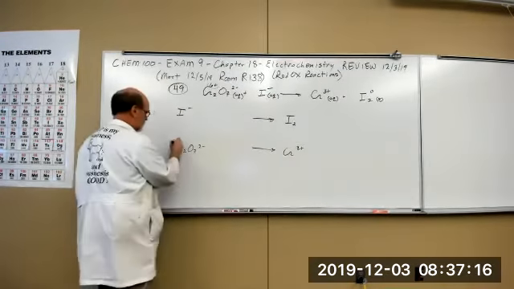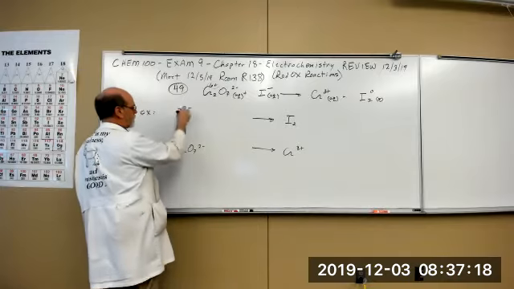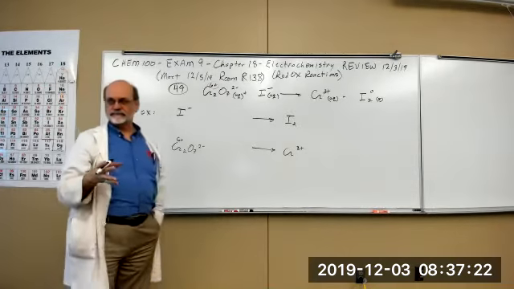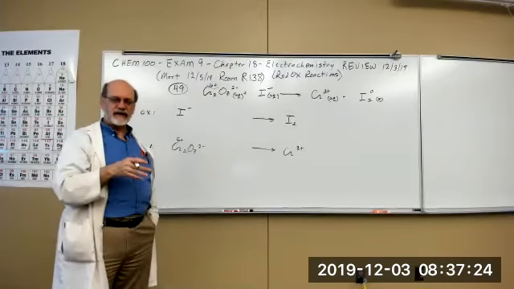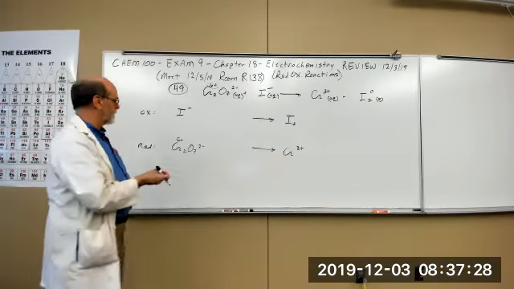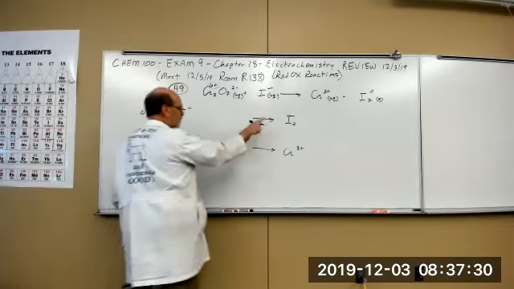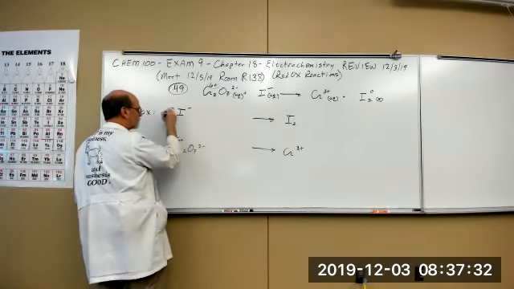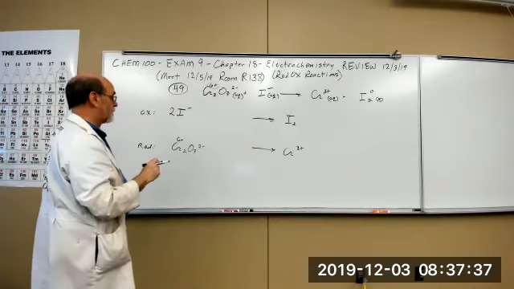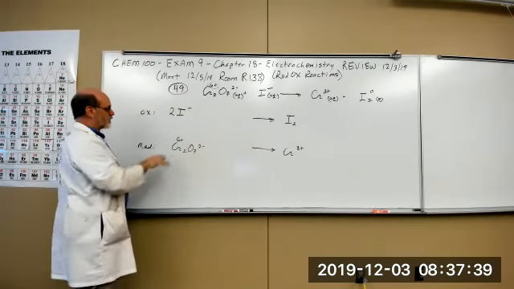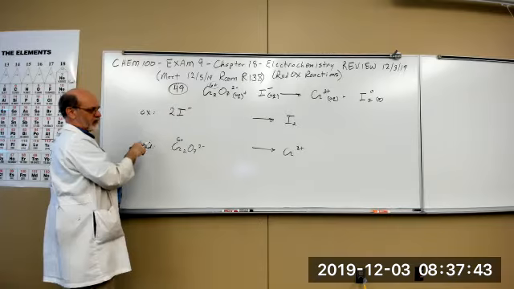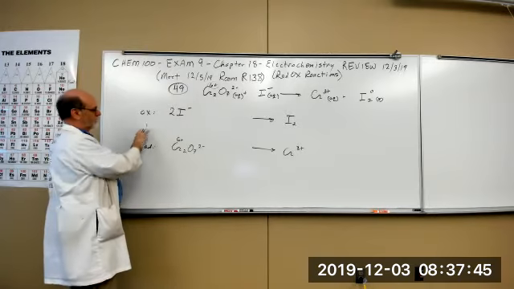Okay, so let's keep track of everything. That's -1, that's okay. Now, what's the next step? Balance everything except oxygen and hydrogen. So we have 1 here and 2 there. We need 2 here. Oh, by the way, it's also a good idea, once you write these as oxidation reduction, to stick an electron in there, just as a placeholder.